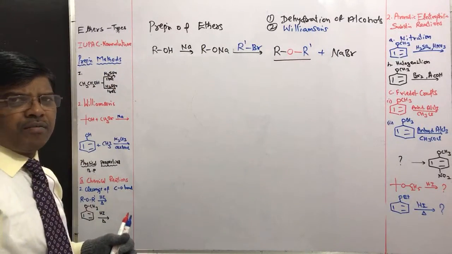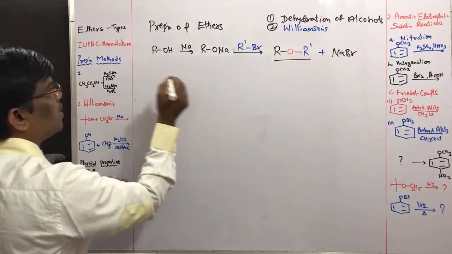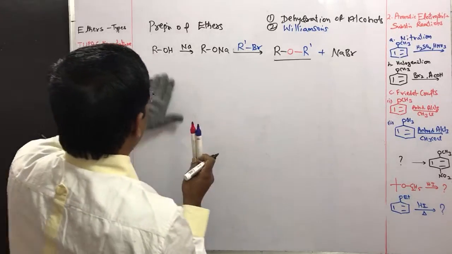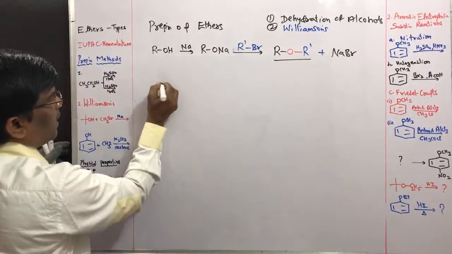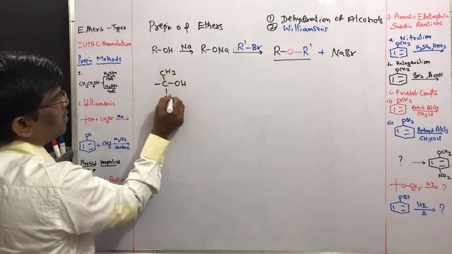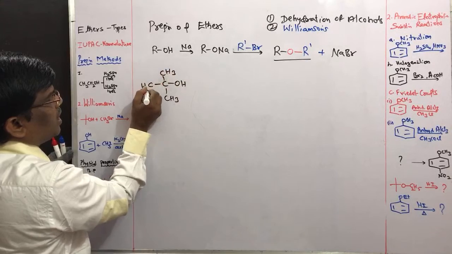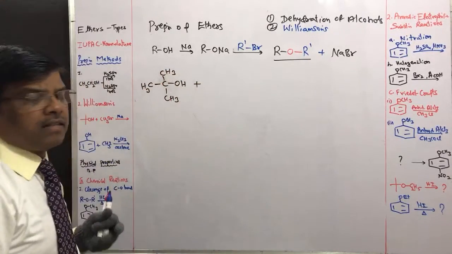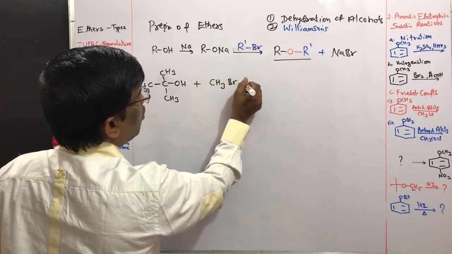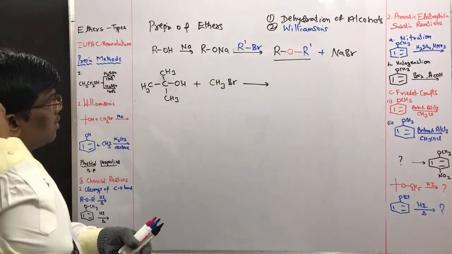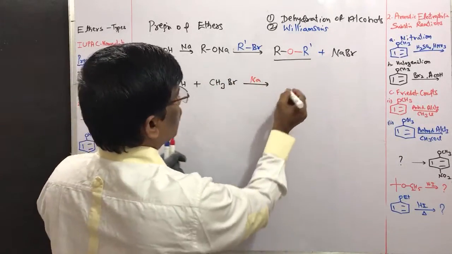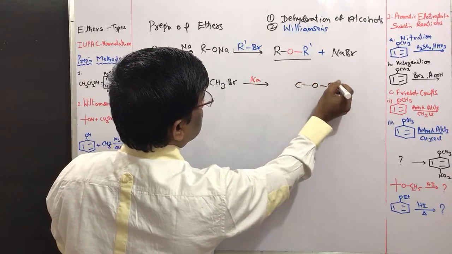Yes, it is a very simple and versatile method for the preparation of ethers. Let me take one example and explain. This is tertiary butanol plus methyl bromide in the presence of sodium. I am going to get OCH3.